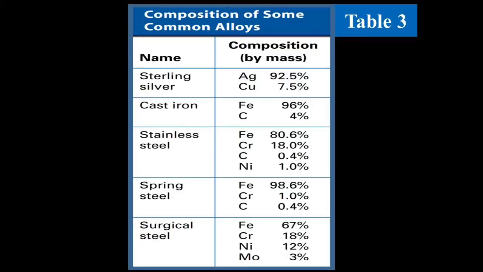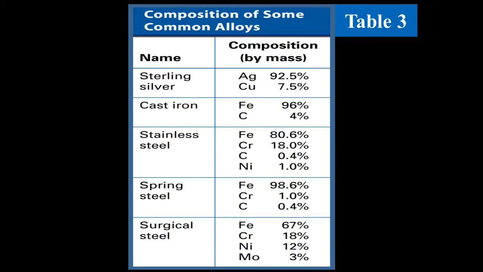Here is Table 3, which I mentioned 3 slides earlier. It's the composition of some common alloys. Sterling silver, predominantly silver with some copper. Cast iron, iron with a little carbon. Stainless steel, you've heard of that, sinks and things that you don't want to rust, severely anyway, has chromium, carbon, and nickel in it.